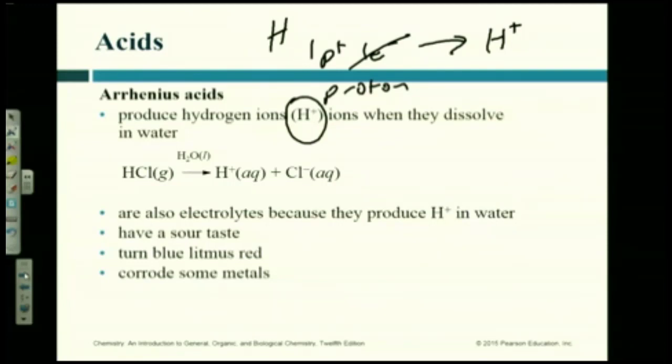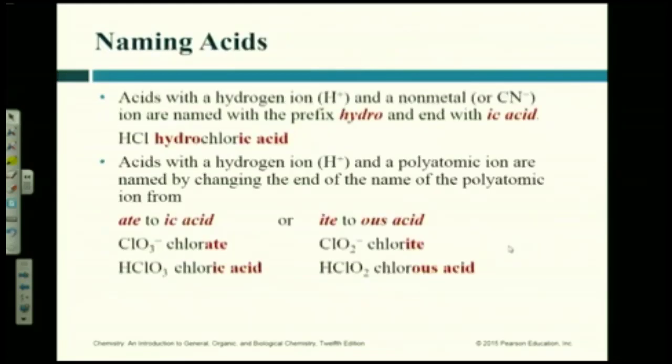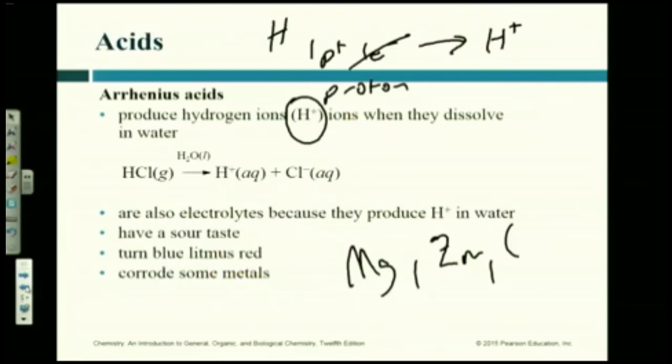You all remember? You added magnesium, you added zinc, and you added copper. That's the one that was messed up a little. What happened? Magnesium reacted like crazy, didn't it? Foamed up even. What happened when you added the zinc?